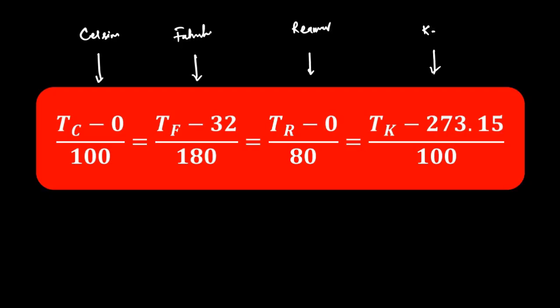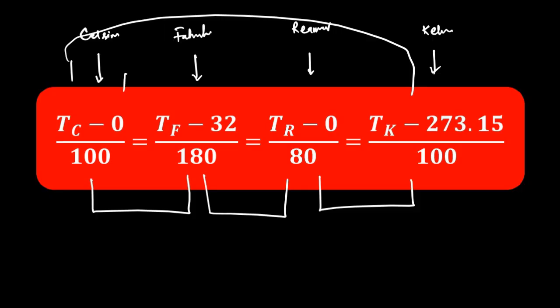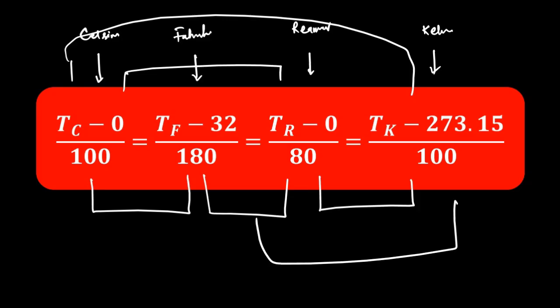You can pick any two and use them to convert Celsius to Fahrenheit, Fahrenheit to Celsius, Fahrenheit to Romer, Romer to Fahrenheit, Romer to Kelvin, Kelvin to Romer, or Celsius to Kelvin, or Celsius to Romer, like that. You can make any pair like that and find out the other one, but one of them should be known.